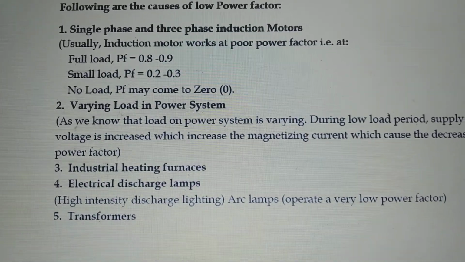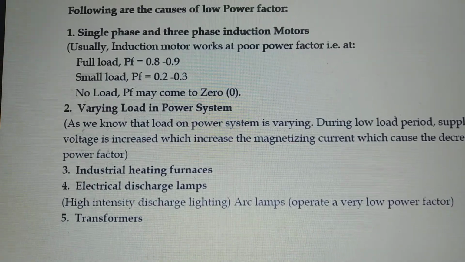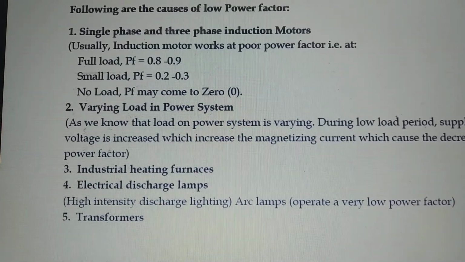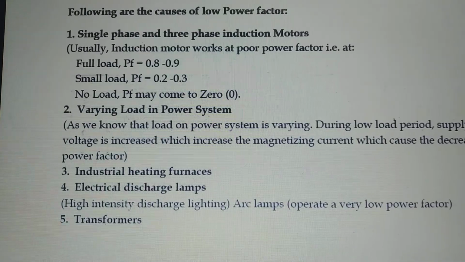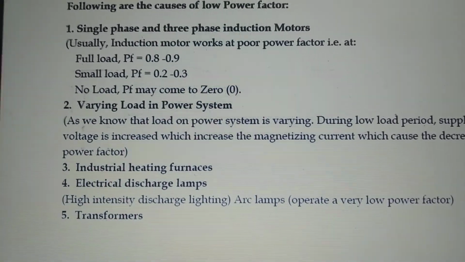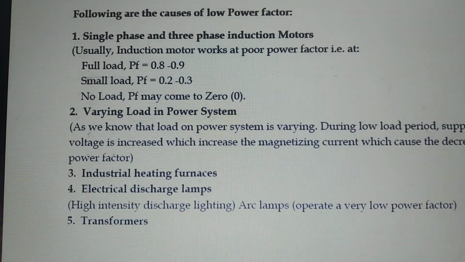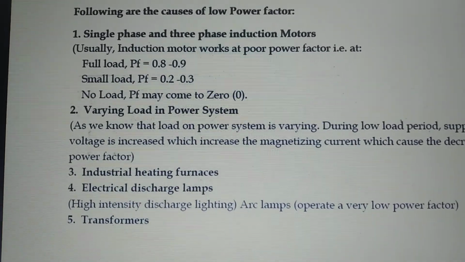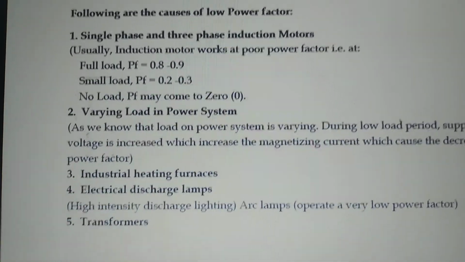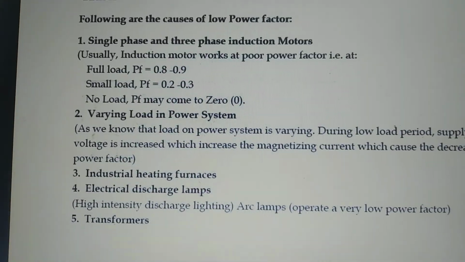The fourth point is electrical discharge lamps: high intensity discharge lighting, arc lamps. These are all operating at a very low power factor. Fifth point is transformers. Transformers also work on the mutual induction principle. Due to that, induction effect is more and they take lagging power factors.